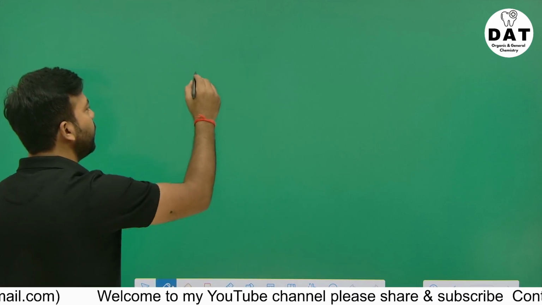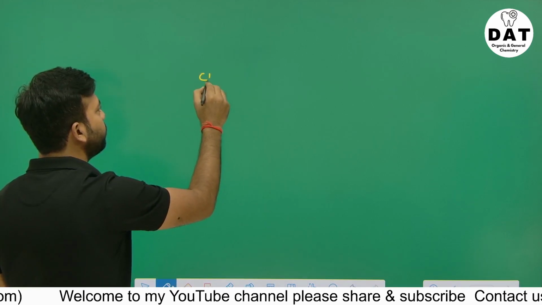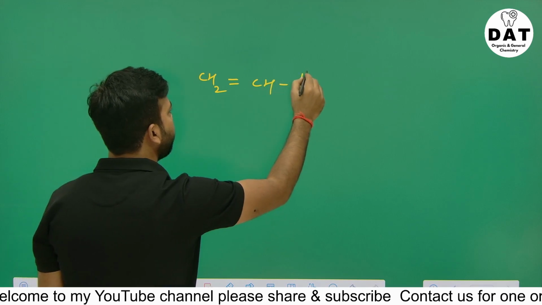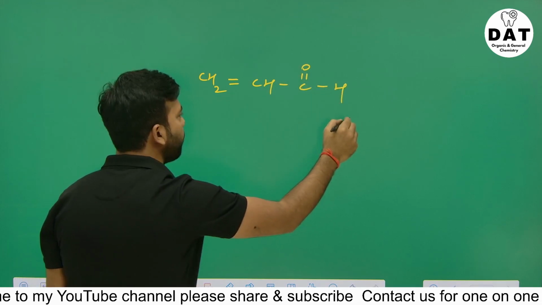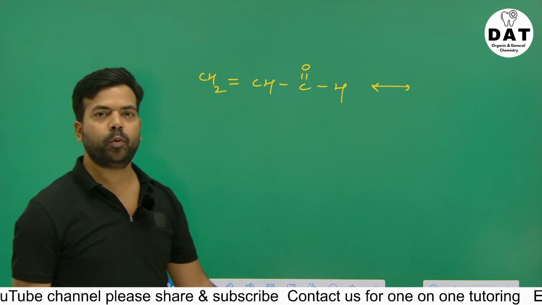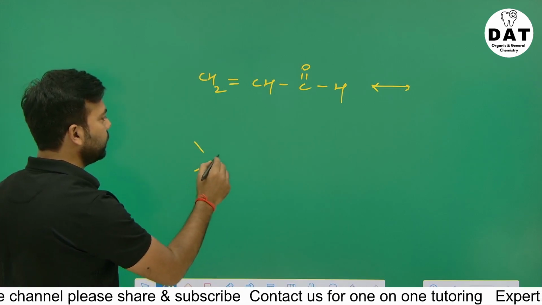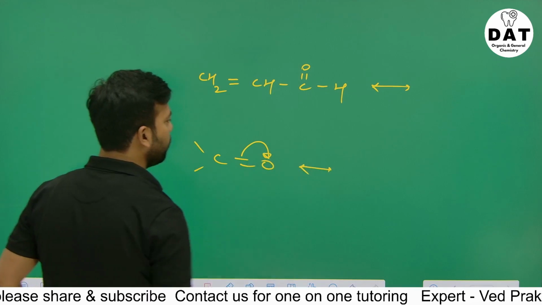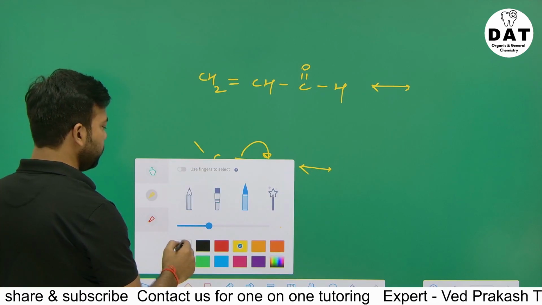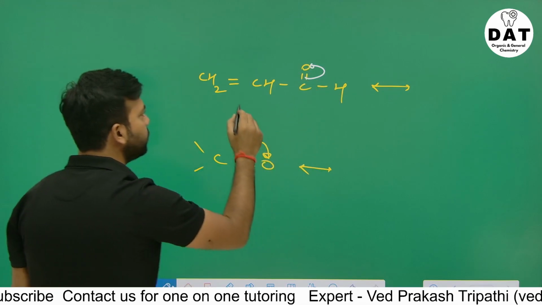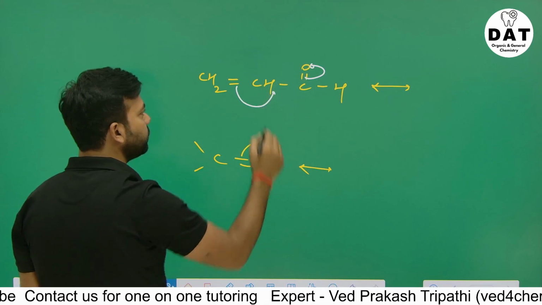Suppose we have another type of atom like this one. You know, CO bond is a polar bond, so it will always break like this, in this way, always. So here as well, it means this double bond will be like this.